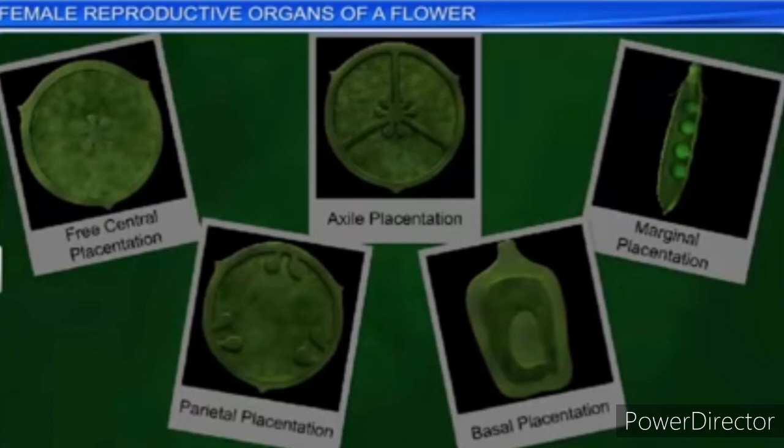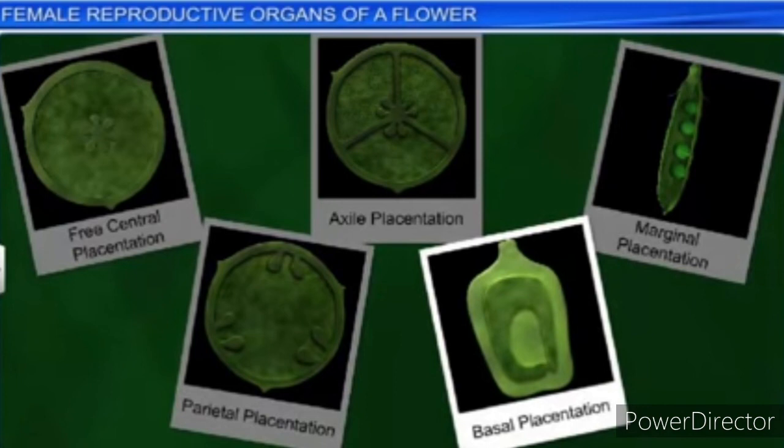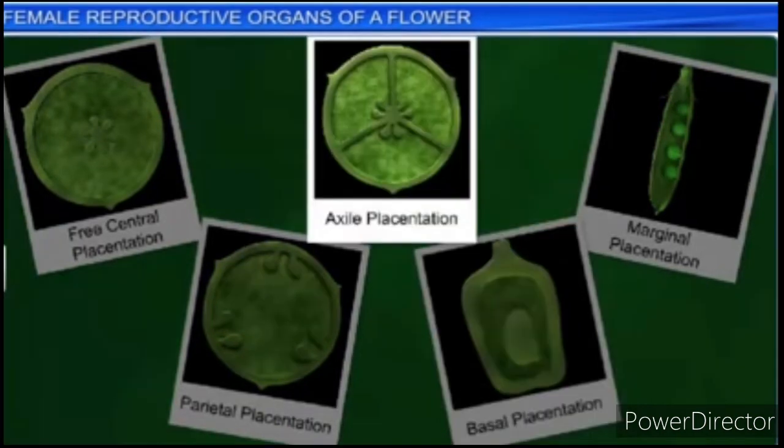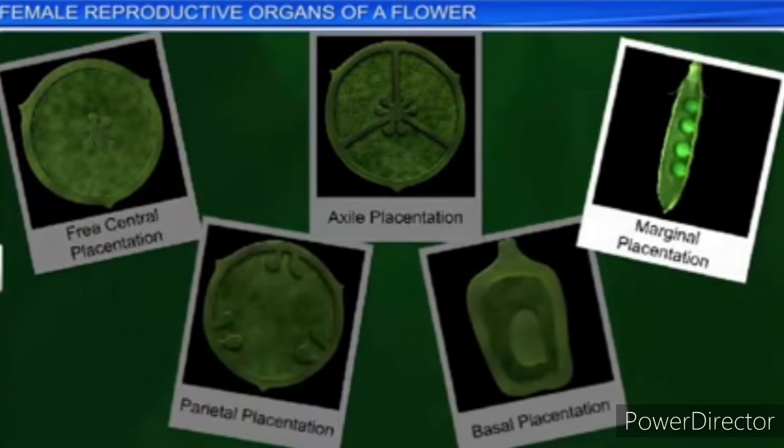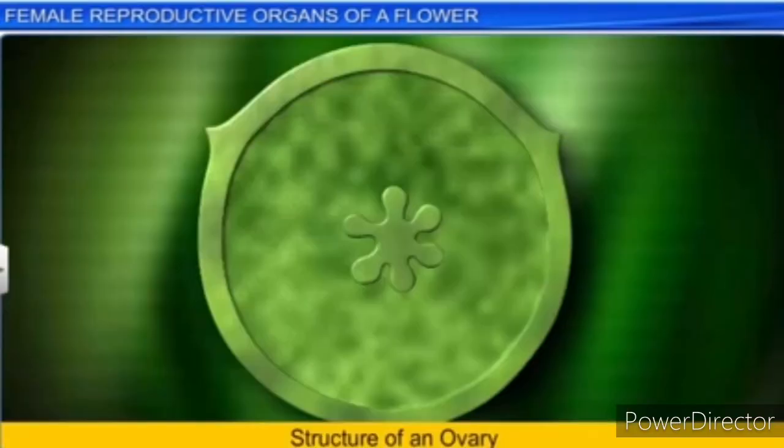It may be basal placentation, axial placentation, marginal, free central or parietal placentation. The arrangement of placenta inside the ovary is called placentation. So it may be of different varieties, with different arrangements.